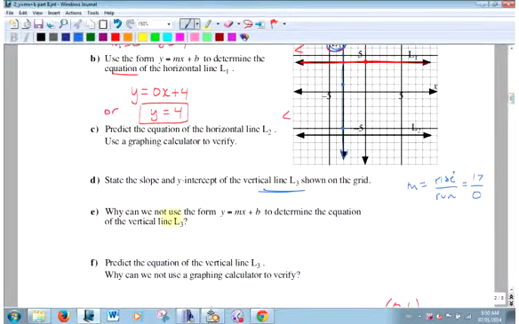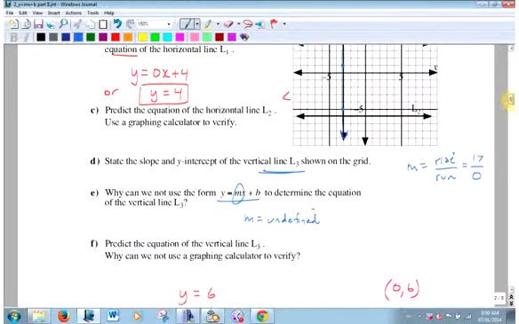Okay, so why can we not use the form y equals mx plus b to determine the equation of that line? Tricky kind of question. What is the slope? Yeah, undefined. That's why. Don't delve too much into this.